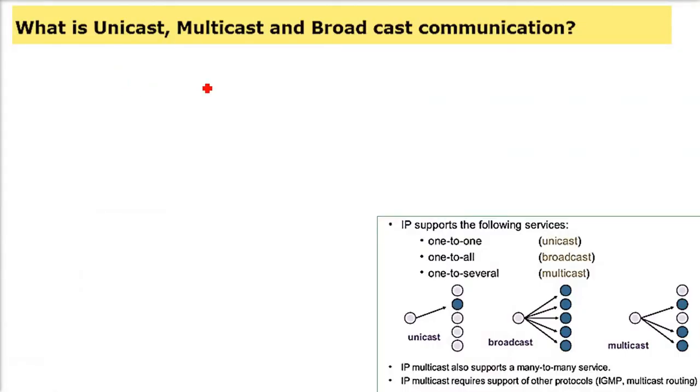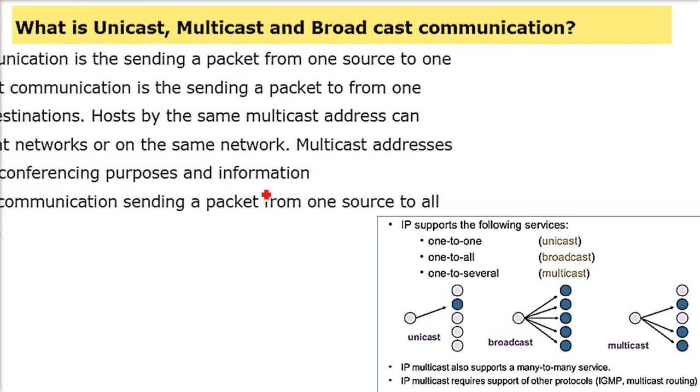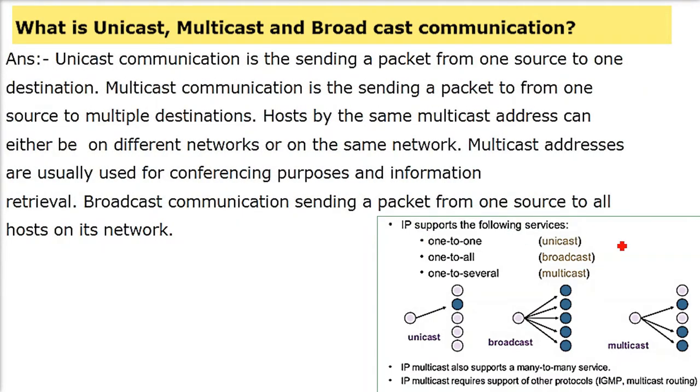What is unicast, multicast, and broadcast communication? See, unicast is one-to-one, multicast is one-to-several, and broadcast is one-to-all. When one party is sending to only one single party, or communicating with a single party, that is unicast.